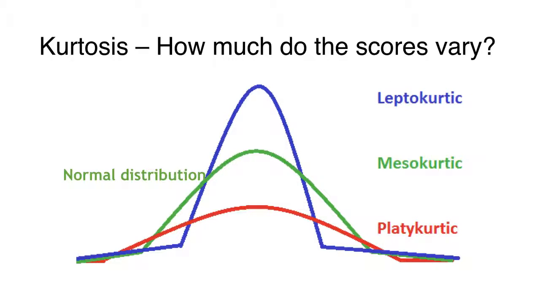Now, kurtosis is the other piece that we need to look at when we're looking at a curve. And here we're talking about the range of the scores.